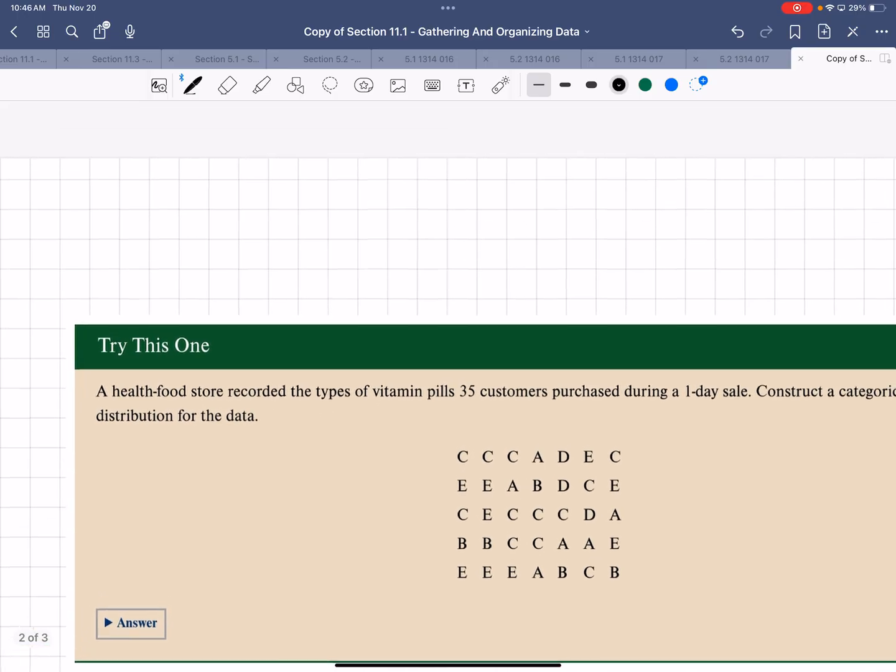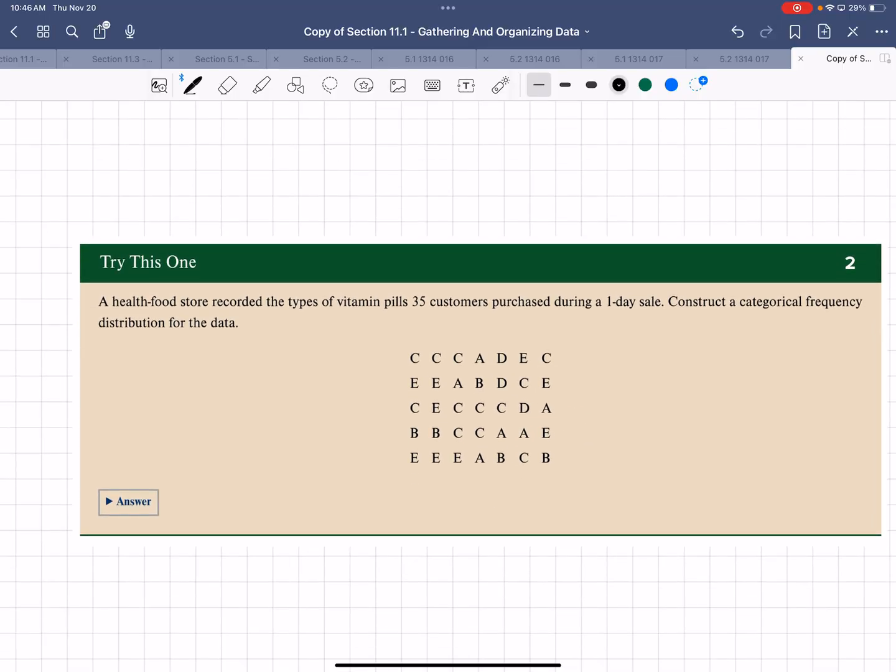Okay, we need a little definition before we do the next problem.